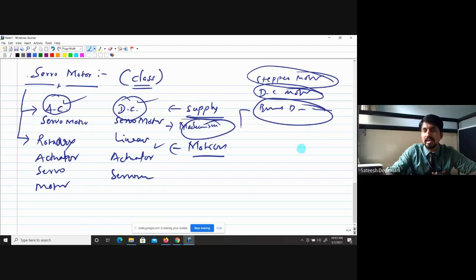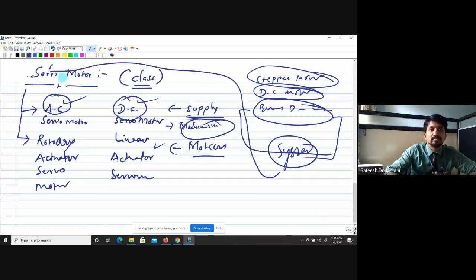And to this you connect one system, and that system itself is nothing but the servo system. Then this motor is called servo motor. That's it. So there is a servo mechanism, and a servo mechanism is connected to the particular motor, and then that motor is called servo motor.